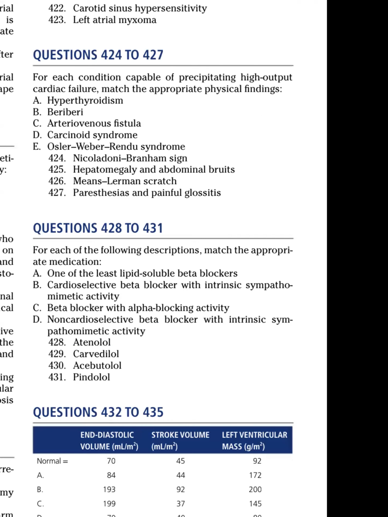So 424 to 427 says, for each condition capable of precipitating high output cardiac failure, match the appropriate physical findings. If we look at the options, we have hyperthyroidism, beriberi, arteriovenous fistula, carcinoid syndrome, and then E as Osler-Weber-Rendu syndrome.